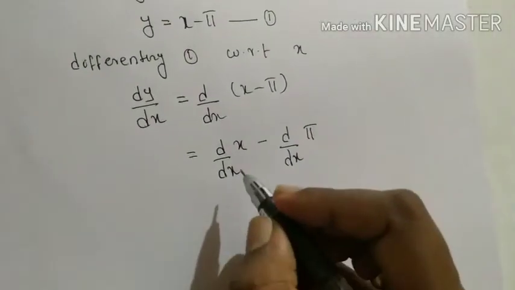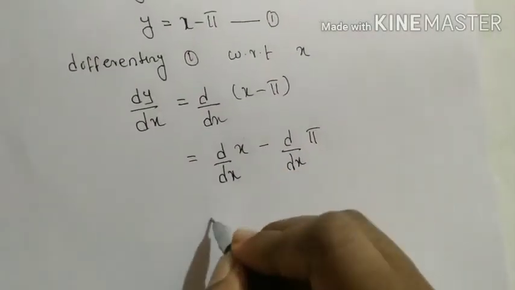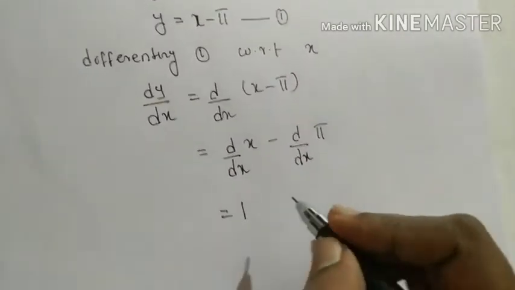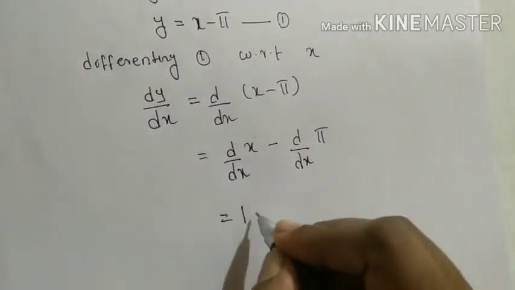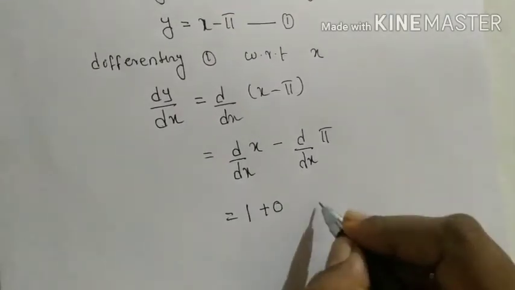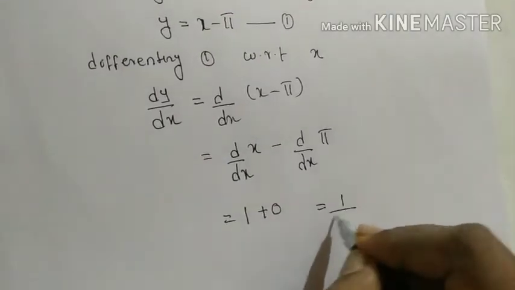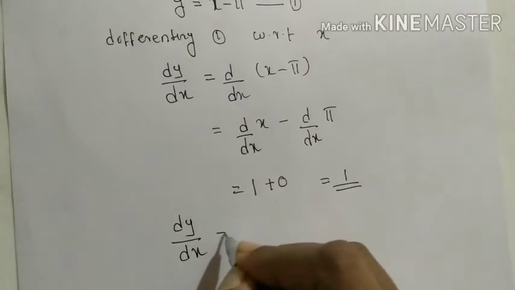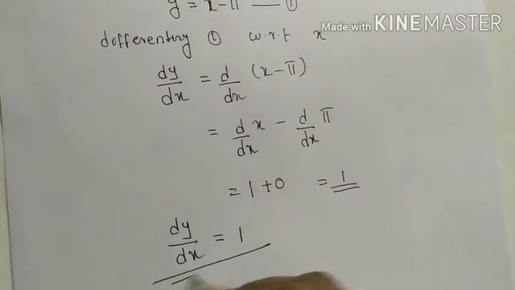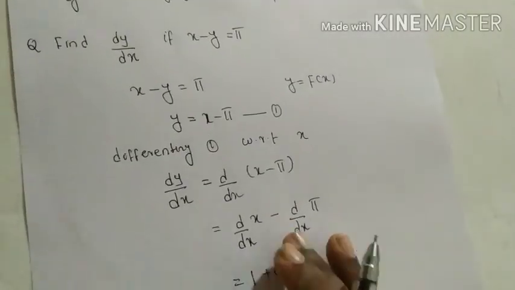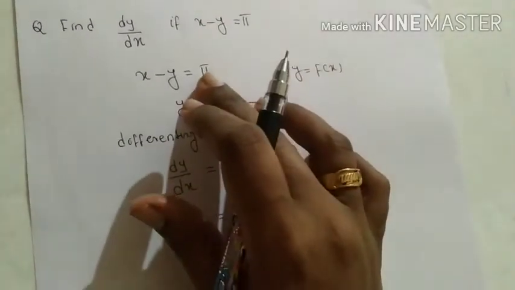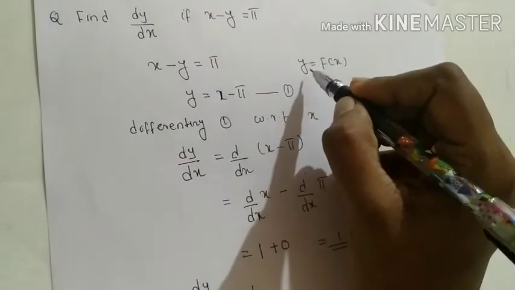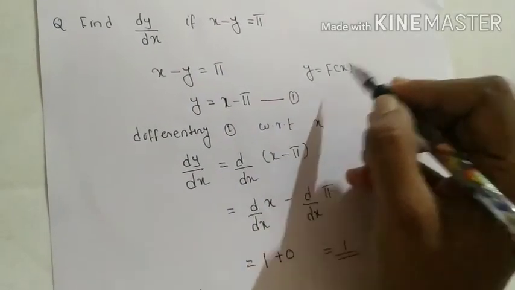Okay, and we know that the derivative of x is 1, pi is a constant, so derivative of a constant is 0. That means the answer will be 1 minus 0, that is equal to 1. So we get dy by dx equal to 1 here. Okay, so this one is an explicit function because it can be easily written in y equal to f of x form.